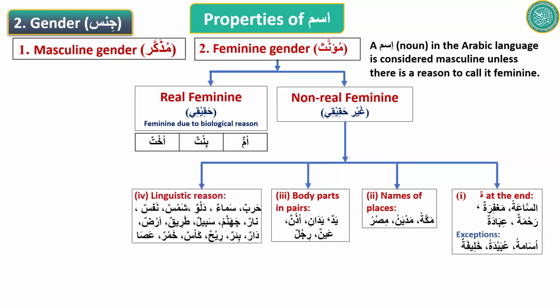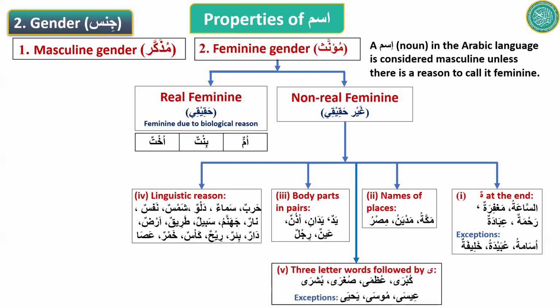And then some words are feminine just because Arabs call them feminine, or use them as feminine in their language. It's difficult to categorize them in a way that the first three have been categorized. So I just have given you a list of those words.